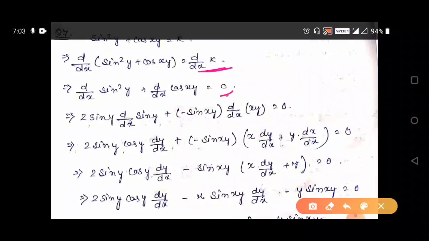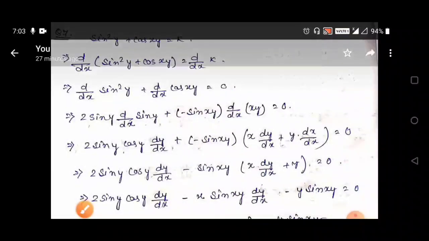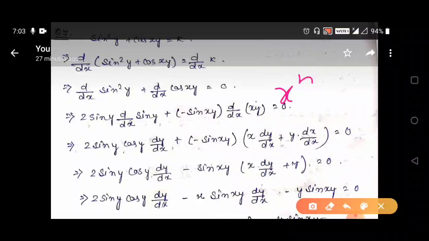Now we will differentiate sin square y with respect to x and cos xy with respect to x. For d dx of sin square y, we have to first use the formula of d dx of x to the power n. If we use this formula, it will become 2 sin y. Now we have to again differentiate sin y.